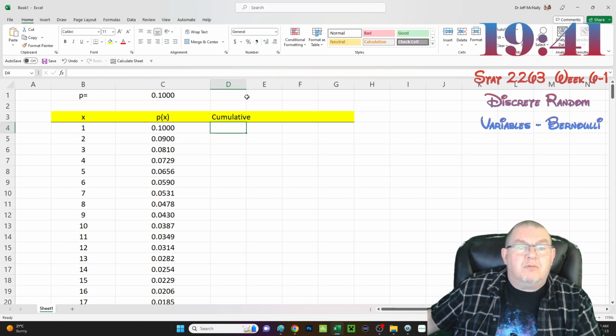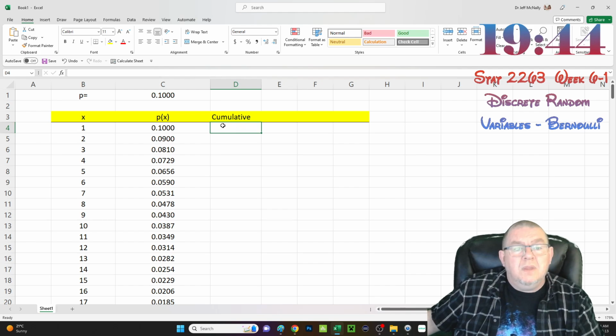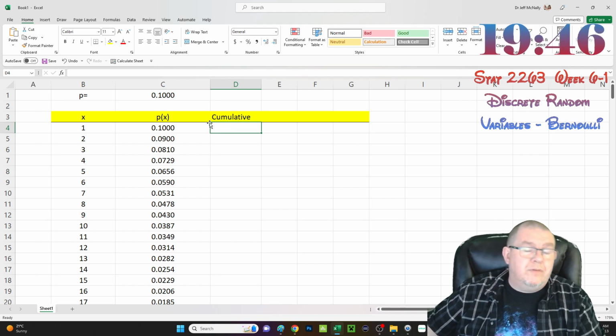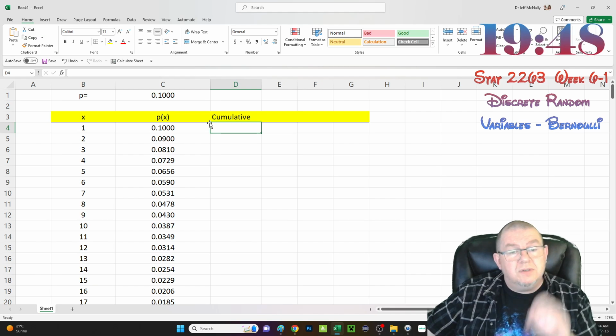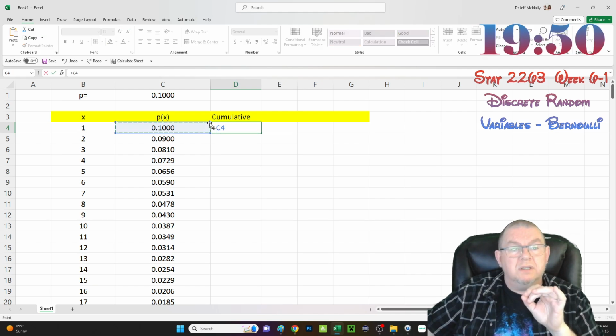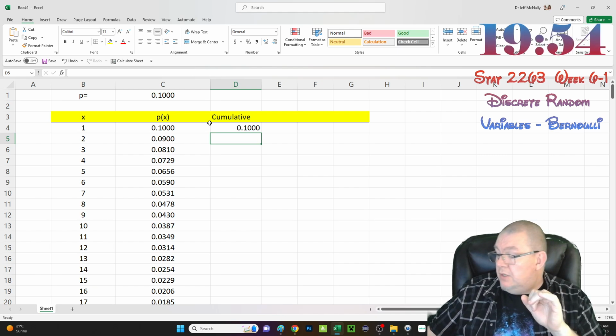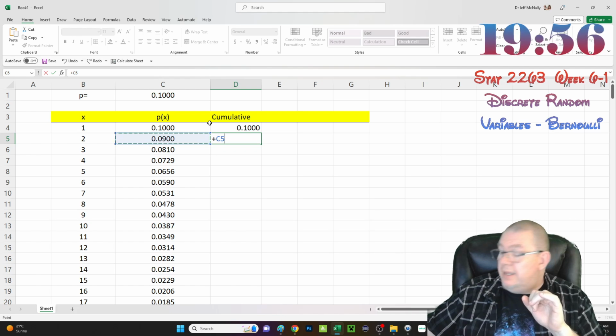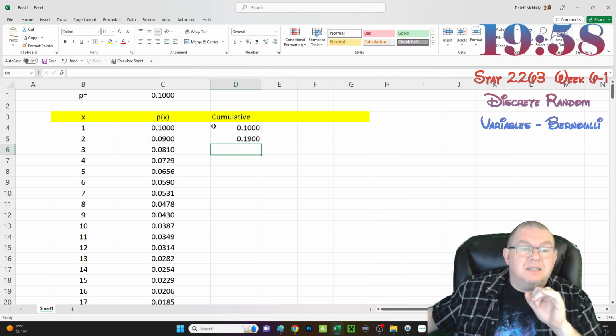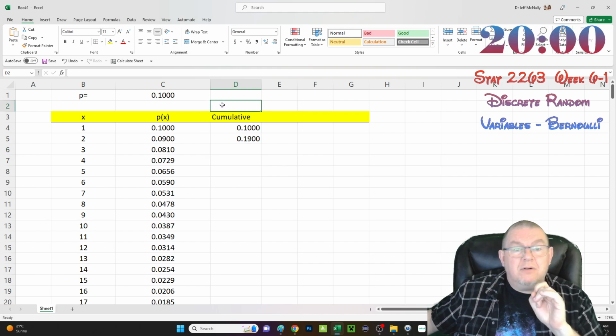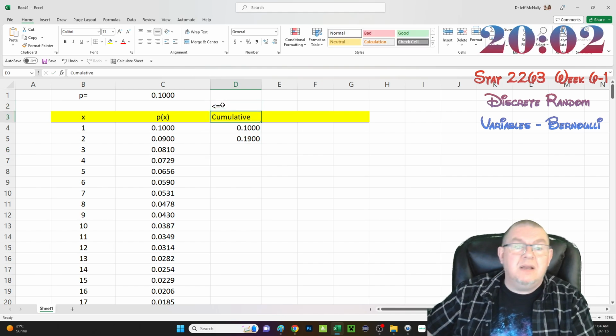So cumulative probabilities is also something very important in our world of probability. So cumulative probability is actually just the probability of being less than or equal to. Remember, this is less than or equal to.